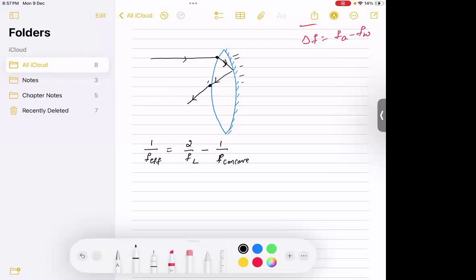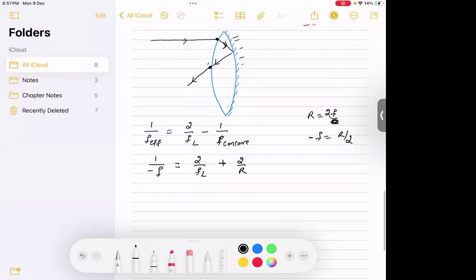Since it becomes like a concave mirror, let the effective focal length be minus 1 by F. 2 divided by the focal length of the lens, which we don't know, minus... you know that the radius of curvature r equals 2F, so F will be r by 2. According to the sign convention, this is also a minus sign because it is traveling opposite to the incident ray. So it becomes plus 2 by r.